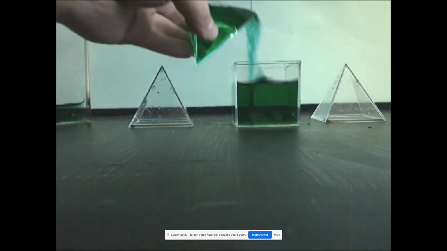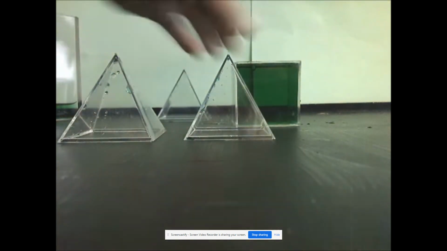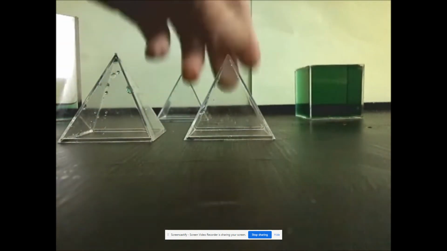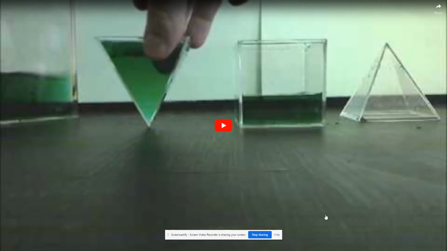Oh, wow. Two little ones and a giant one? Oh no, it's an optical illusion. So 3 pyramids fills up 1 cube. Very cool.